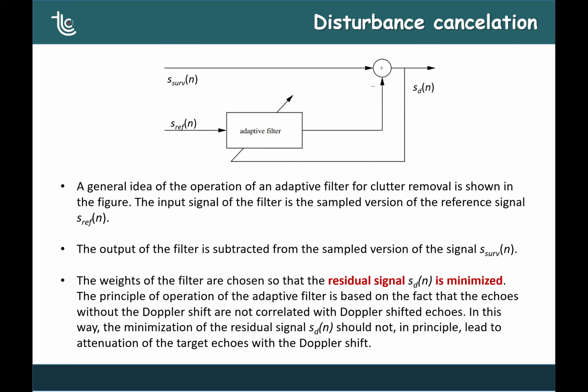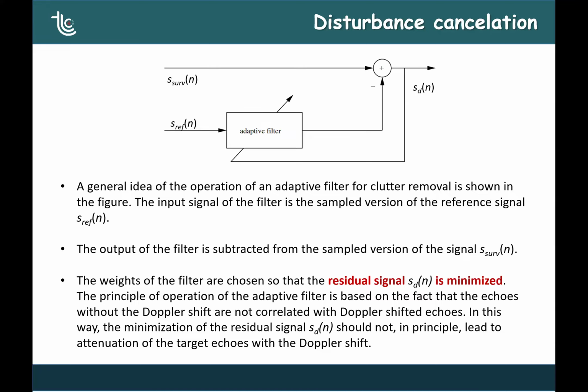So if we subtract from the surveillance signal a linear combination of the samples of the reference signal, this is the adaptive filter, it is a linear filter. Then if you subtract a linear combination of the reference signal from the surveillance signal, the only thing that we can do is cancel the component with the same Doppler frequency as the reference signal. The reference signal has a Doppler frequency equal to zero.